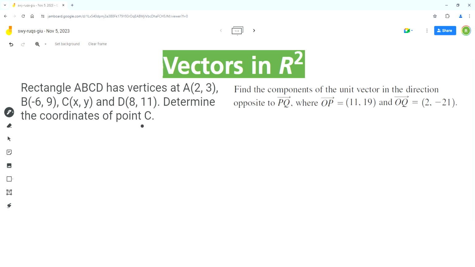So the first step is to draw the rectangle ABCD. So let's assume this is our rectangle and we can label the corners.